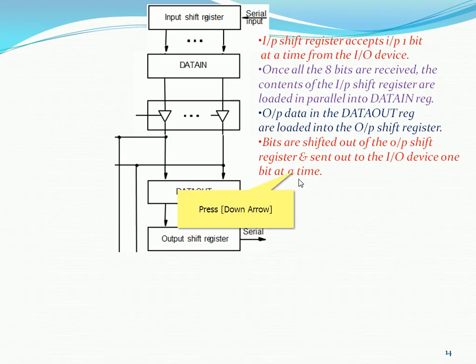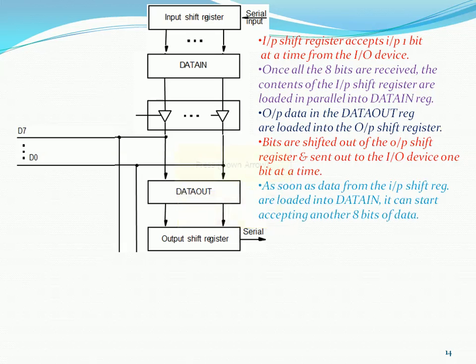Once the data out is to be sent to the output device, it goes to the output shift register. From this register it is sent bytewise or wordwise to the real world, or the next connected device, in a serial fashion, making use of the serial port.